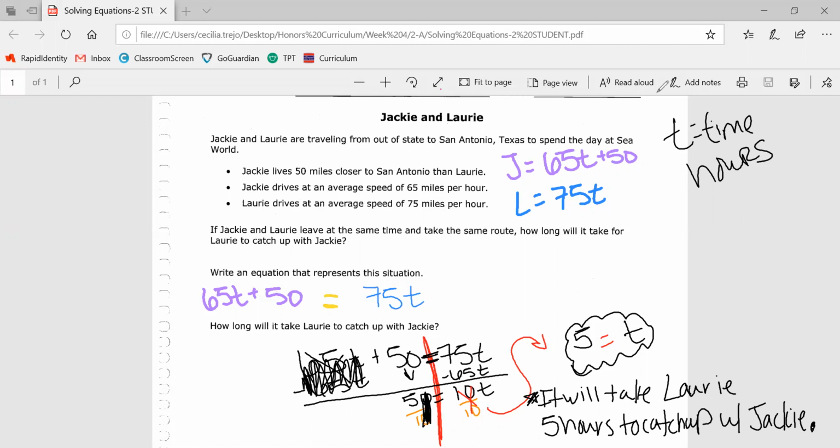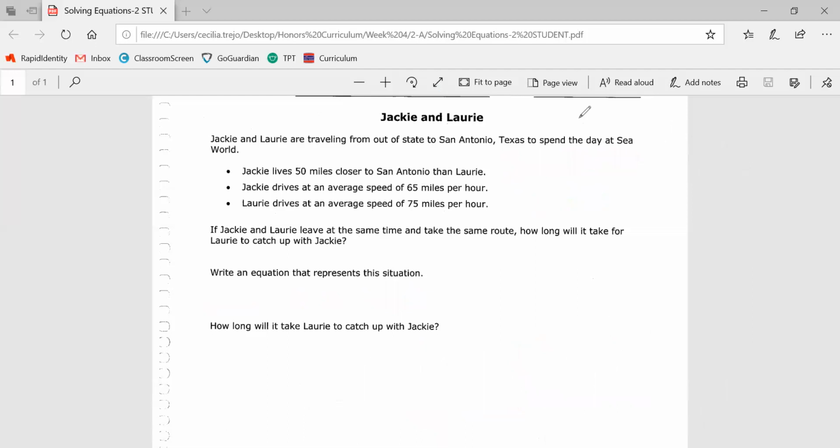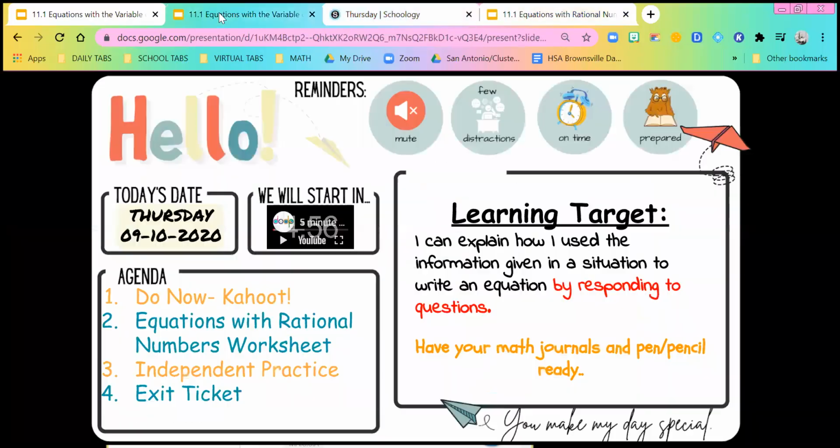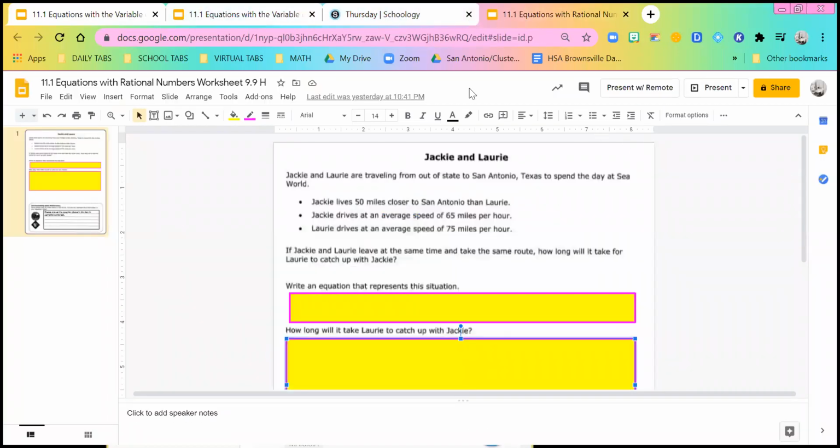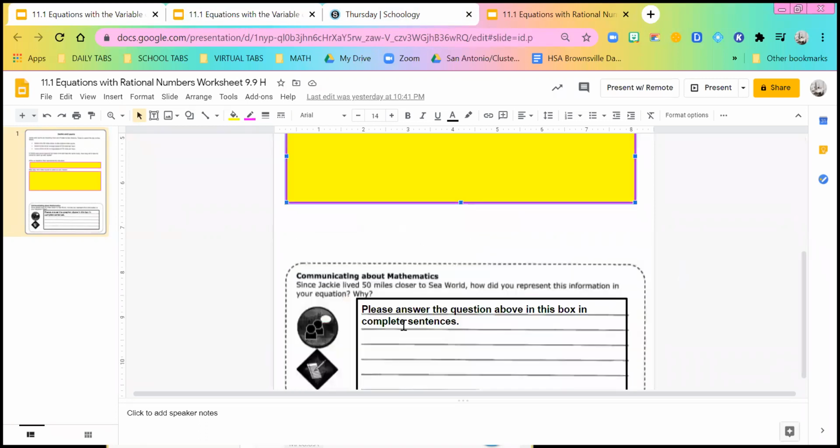So let me erase this so I can get to the other screen. All right, so like I said on this one, you guys are going to type here what we just did right now, and then you're going to fill in this information.